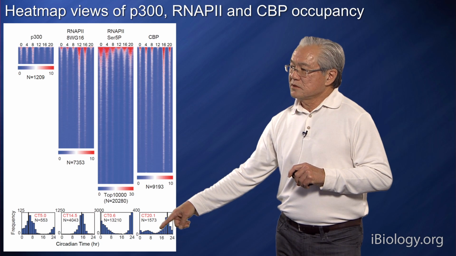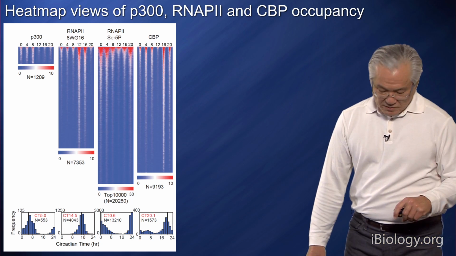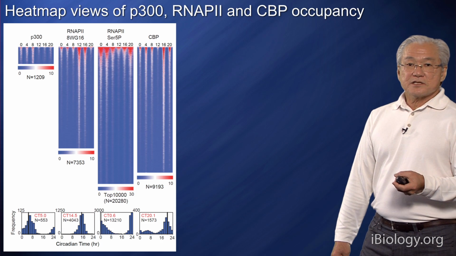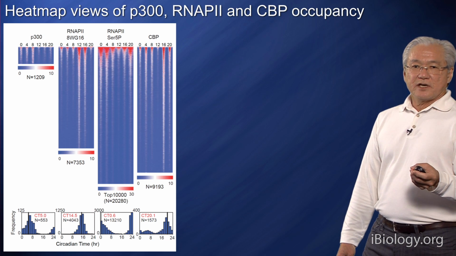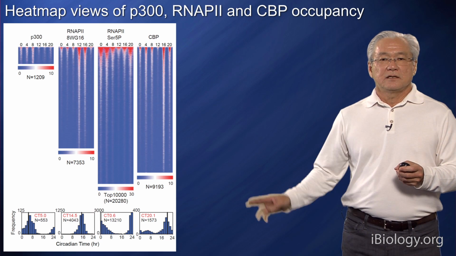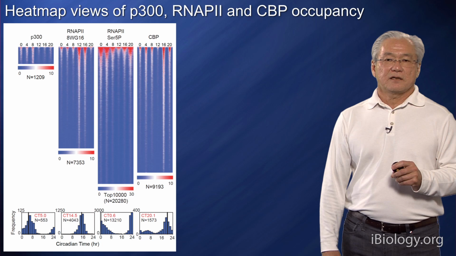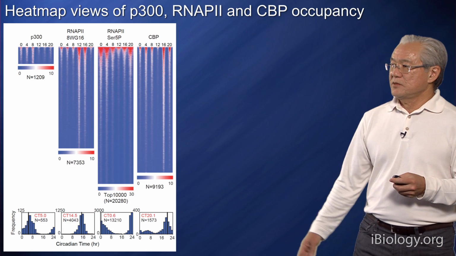It's bimodal. There's a bump in the morning and then a very strong peak at night. This is very surprising because CBP is an activator. It's recruited by BMAL1, yet there's a peak at night when BMAL1 is typically not there. Okay? So what might that mean?